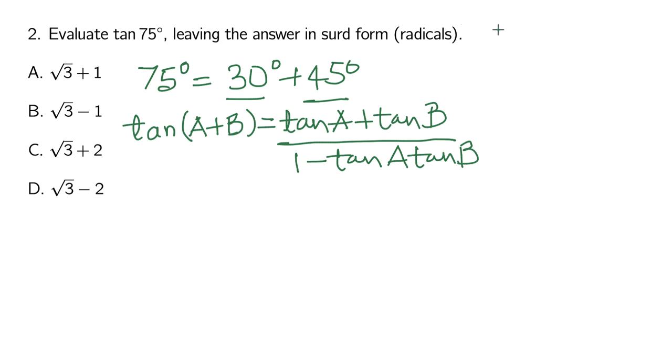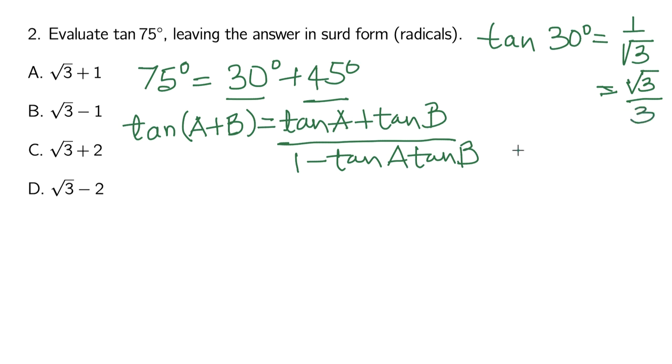We know that tan 30 degrees is equal to 1 over root 3. This is the same as root 3 over 3. Well, you can verify that by rationalizing the denominator.